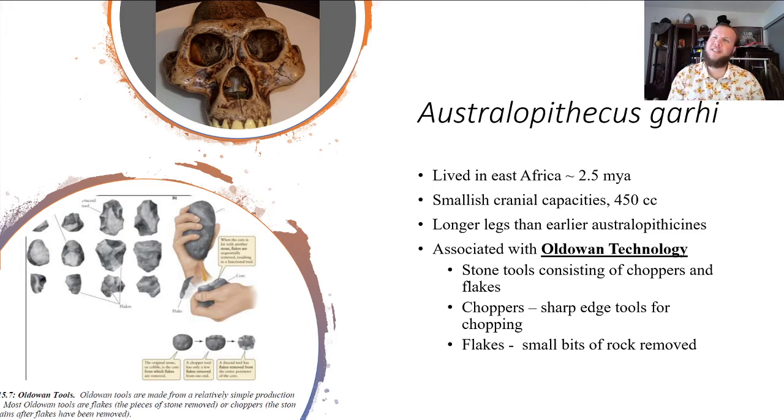They consist of choppers and flakes, and choppers are sharp-edged tools for chopping. Here you can see a stone tool reduction, and we have a chopper over here, okay? And flakes are the small bits that are removed from the rock. Here you see a flake being removed from the rock there.